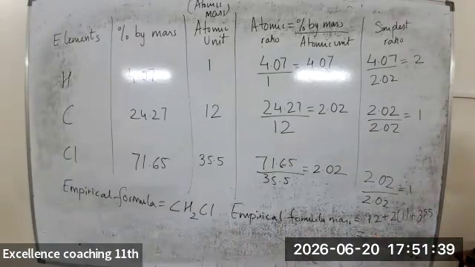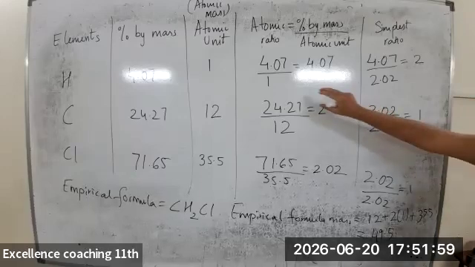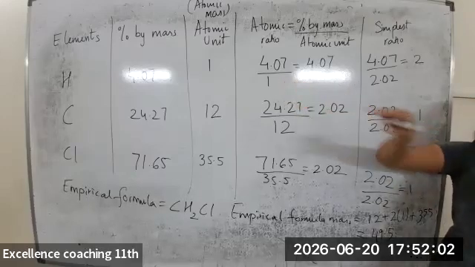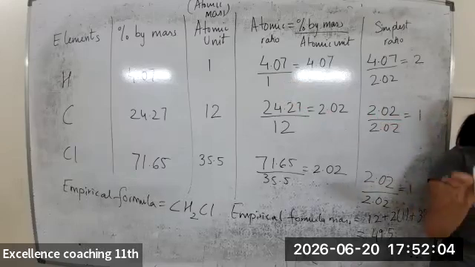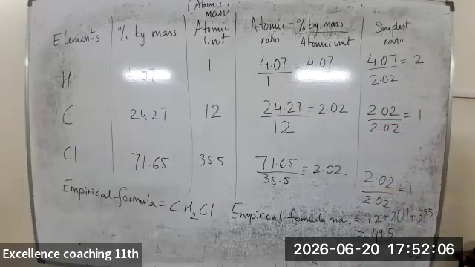So empirical formula mass will be 49 point, how much are they getting? 5. Because here they have considered the whole atomic mass of hydrogen, 1.008, with the zero after the point. So it will be slightly different when I compare it to my book. But here it will be 49.5.